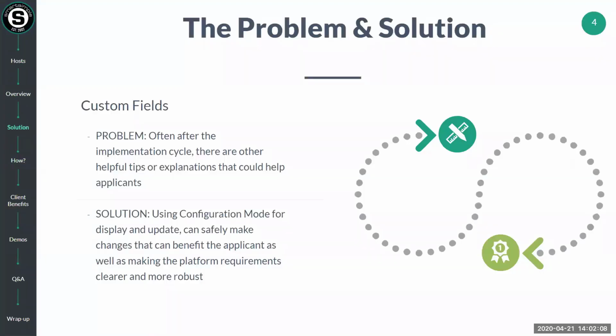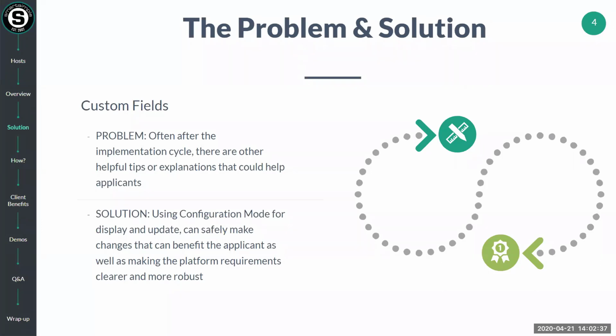So something I come across a lot of the time is you may have an implementation cycle or your application requirements. And as time goes on, sometimes the requirements may change subtly, or you realize that applicants may benefit from just maybe an extra line of information that they may not think about otherwise. They may not be very familiar with the process, and even a link to some basic guidelines can be very, very helpful.